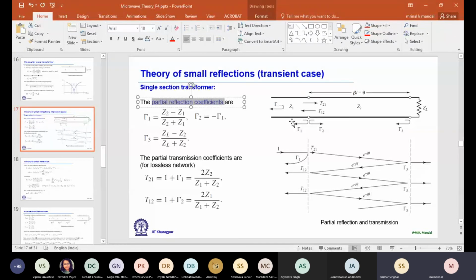In fact, sir, when I plotted the S parameters for the quarter wave transformer in MATLAB, using that matched feed line and without using that matched feed line, the answer is exactly the same. Then your step is wrong.